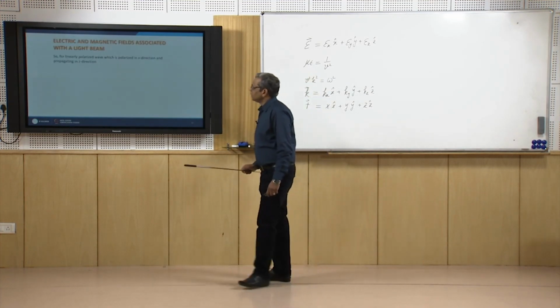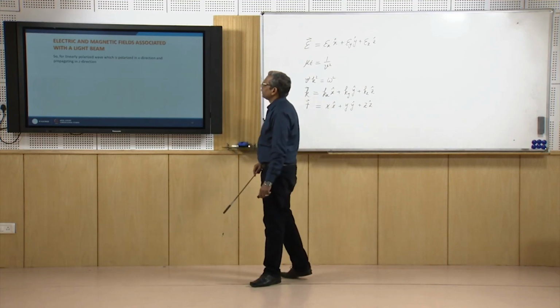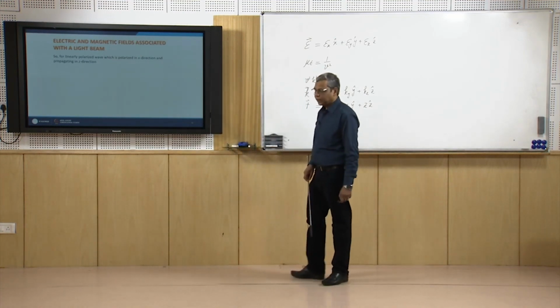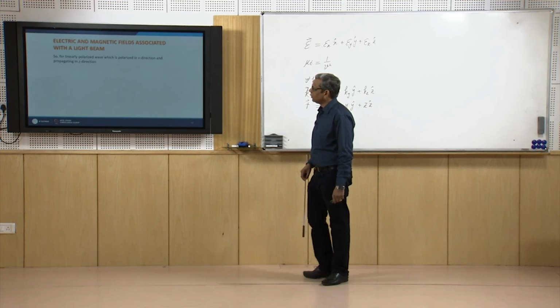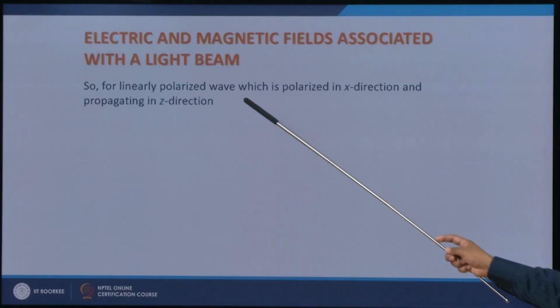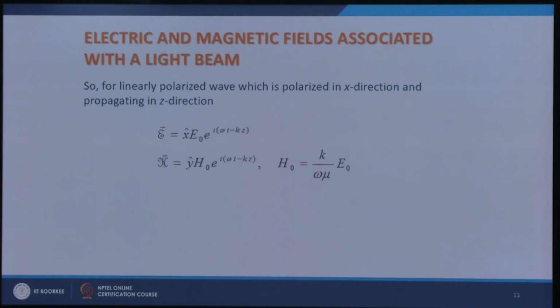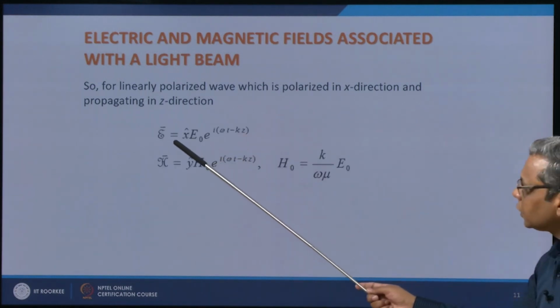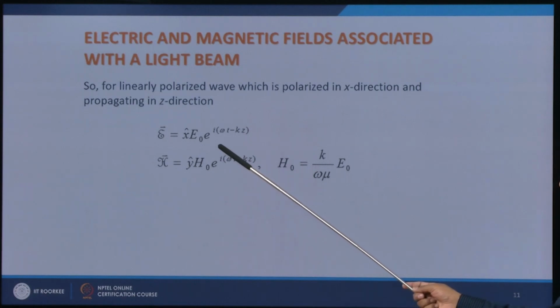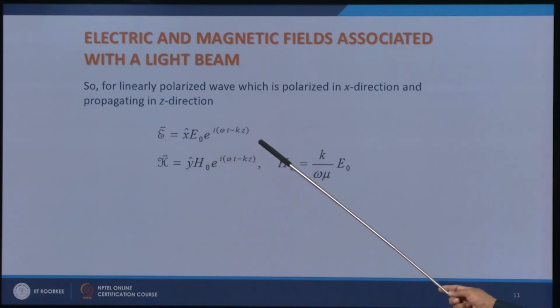So, in summary, what are the electric and magnetic fields associated with a light beam? Well, if I take the example of linearly polarized wave which is polarized in x direction and propagating in z direction, then the electric field associated with this is x cap E0 e to the power i(omega t minus kz).